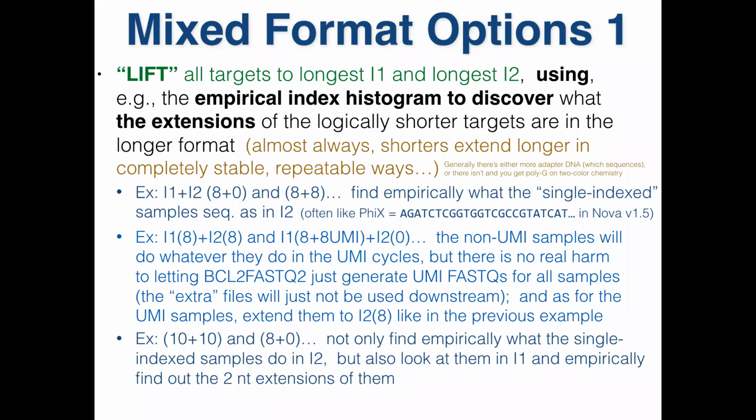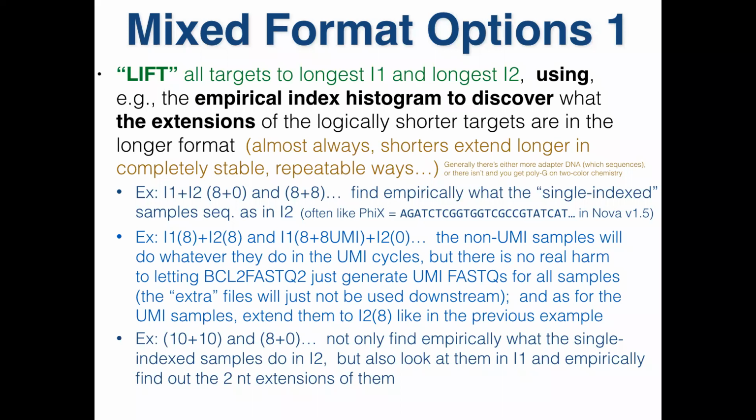I've already told you the empirical approach. And furthermore, you can guess what these indexes are coming from. Well, the adapters. It's not like if you try to sequence past the end of the sequence in the documentation, the sequence explodes. No, you're just going to sequence the next base in the adapter. And pretty much the next base in the adapter is going to be something stable, because people don't usually synthesize extraneous unwanted variation.